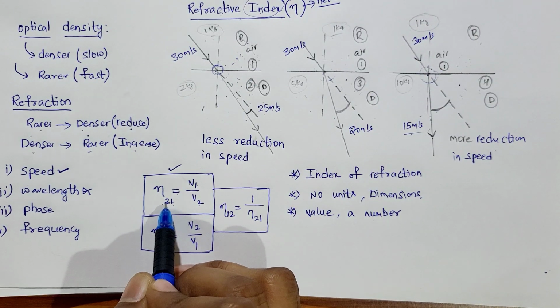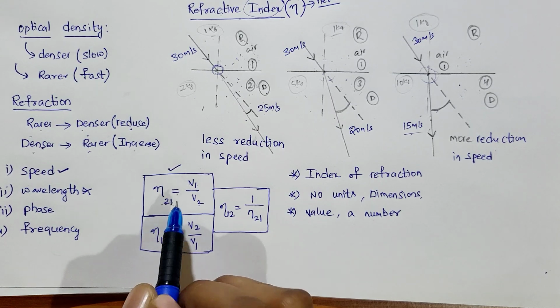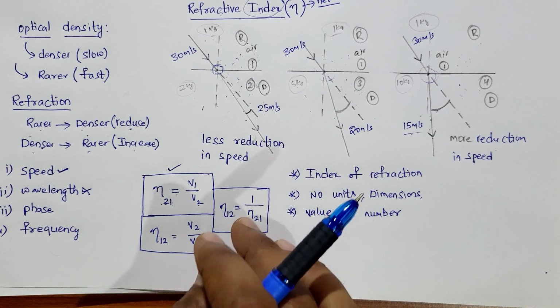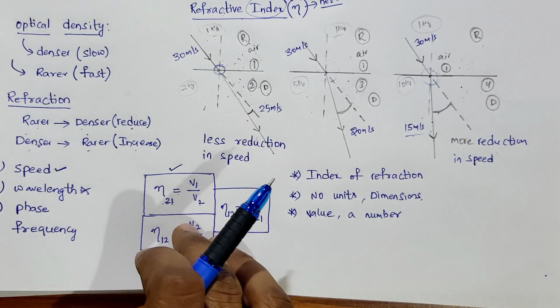Refractive index of first medium with respect to second medium, or second medium with respect to first medium. Always we measure refractive index with respect to another medium. Okay? So now let us take a small problem on this formula.